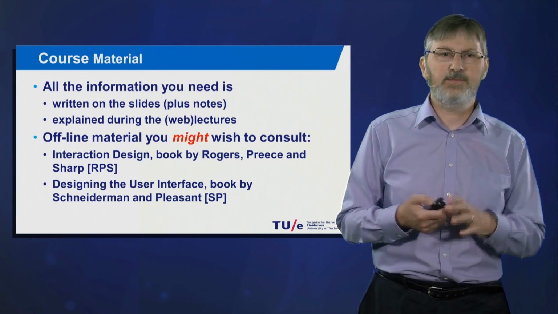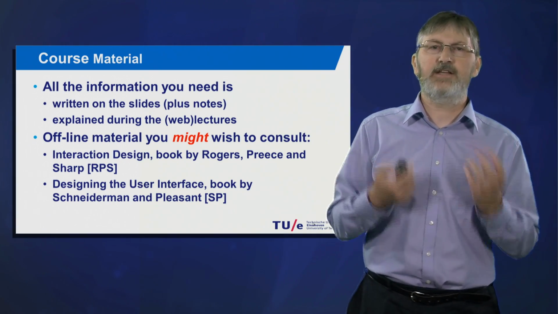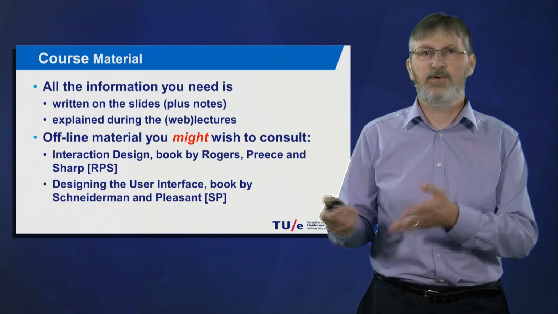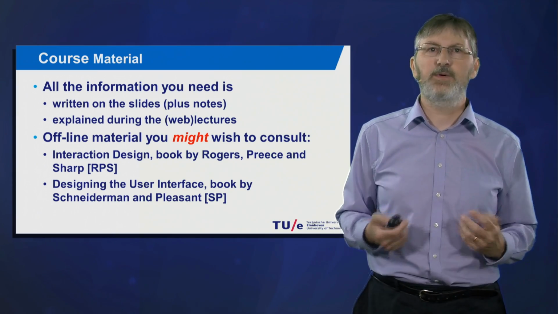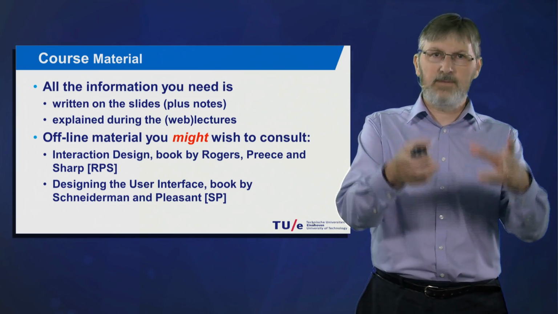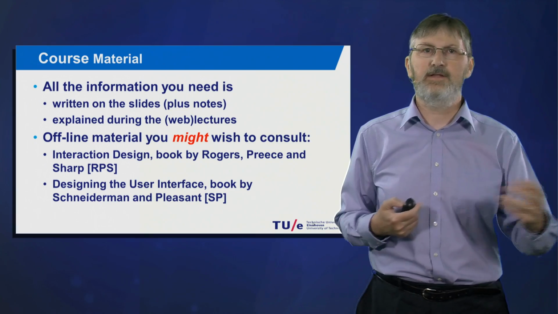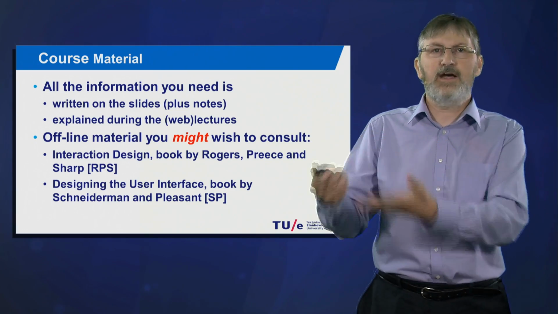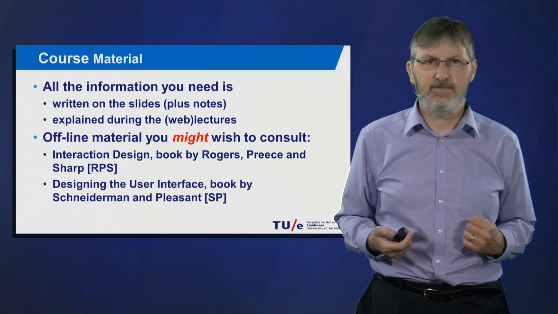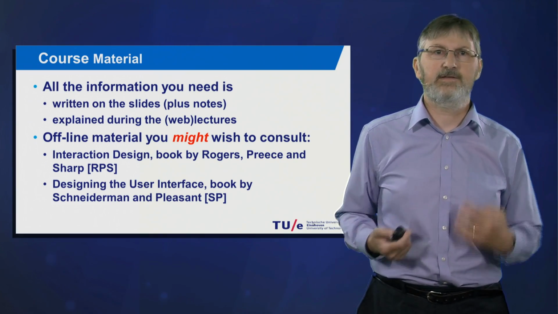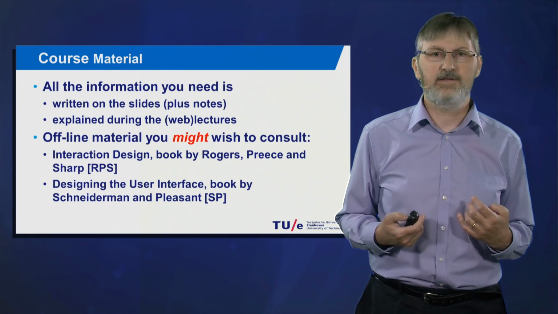And we also use the book Designing the User Interface by Shneiderman and Plaisant, the book we call SP. You do not have to buy these books. We cover some material from these books in the lectures. There is additional interesting learning material, not part of the exam, not really necessary to succeed in the assignments.